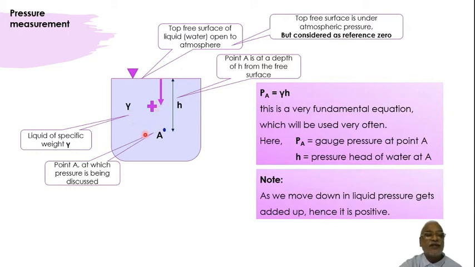So when I write the expression for PA, pressure at A, it will be simply gamma into h. Gamma is the unit weight of liquid, and h is the depth. PA equals gamma h. This is a very fundamental equation which will be used very often. PA is the gauge pressure at point A, h is the pressure head of water at A. Note, as we move down in liquid, pressure gets added up. Hence it is positive.